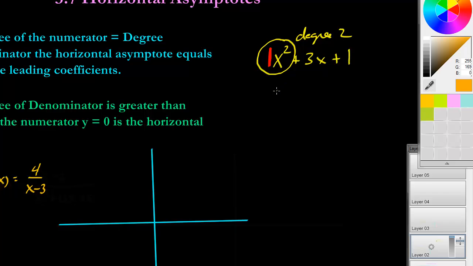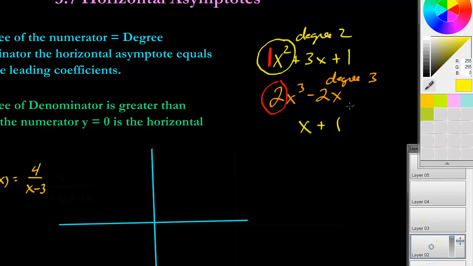Let's look at another one. Let's say I had 2x to the third minus 2x. The degree of this would equal 3, and the leading coefficient would be 2, because that's the one multiplying the highest degree variable. One more. Let's say we had x plus 1.